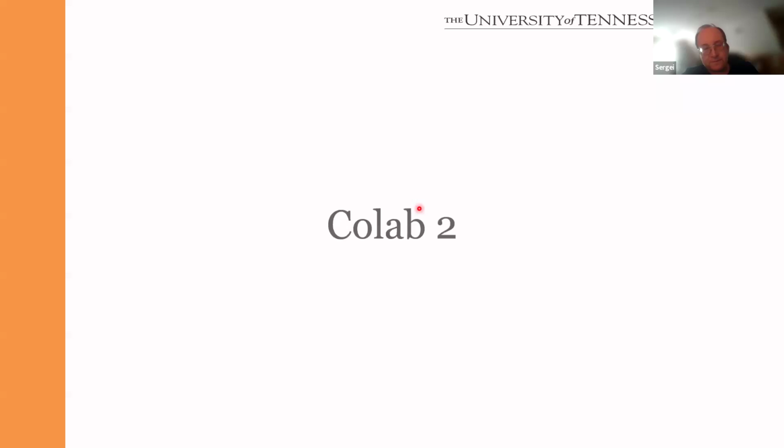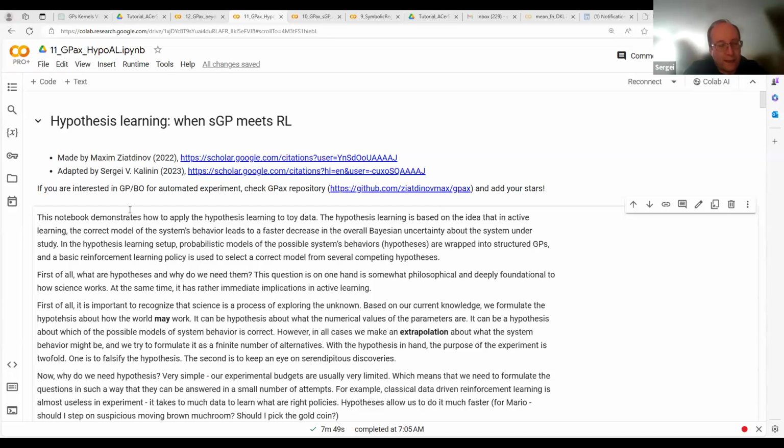type of experiments. So this being said, let me show you the example of how the hypothesis learning works in Python environment. So let me switch to the Colab, and we are briefly going to talk about the hypothesis learning itself, and also about the concept of policies and decision making in the active learning.